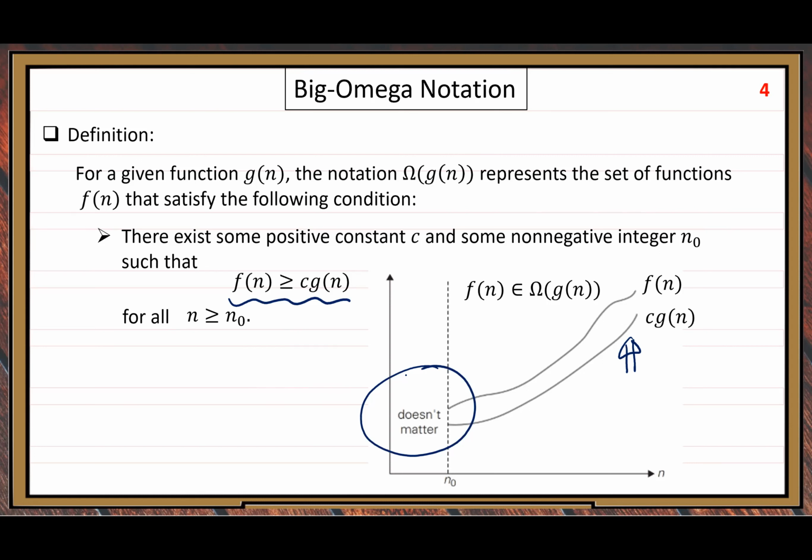Later I will explain this reason just once, once for all asymptotic notations, because they have the same reason.